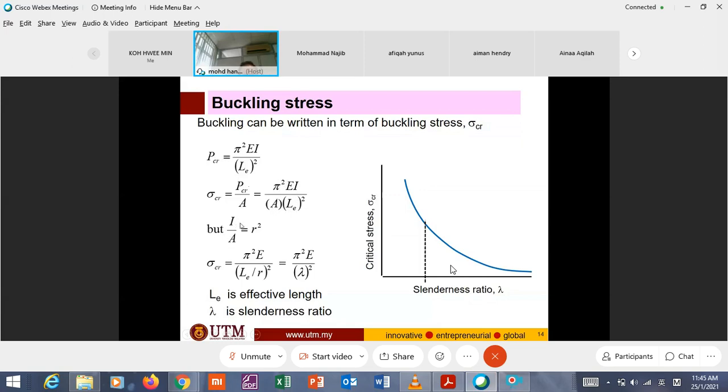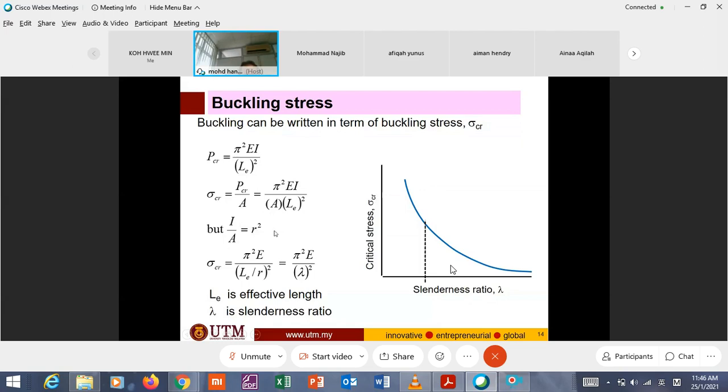But I over A is equal to r squared, and r is called the radius of gyration. Sorry, I didn't put the definition of r.